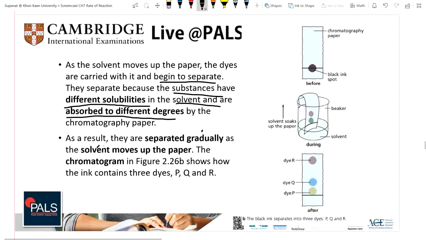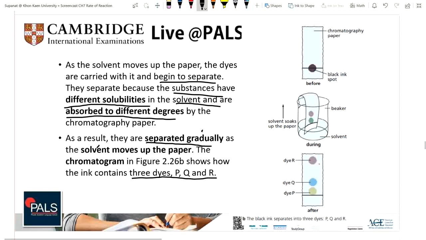As a result, they are separated gradually as the solvent moves up the paper. The chromatogram in this figure shows that the ink contains three dyes, P, Q, and R.